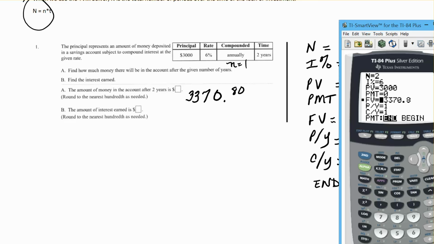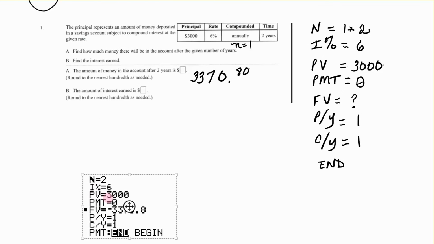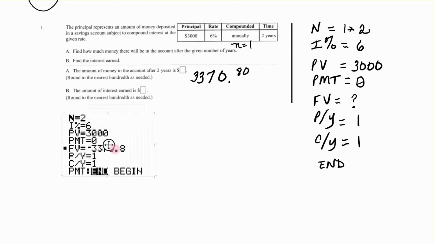Okay, now I'm going to grab this and put it here in your notes so that you have it. Now it says the amount of interest earned. Well, you don't really have to have a formula for this, but the interest is the future value minus the present value.